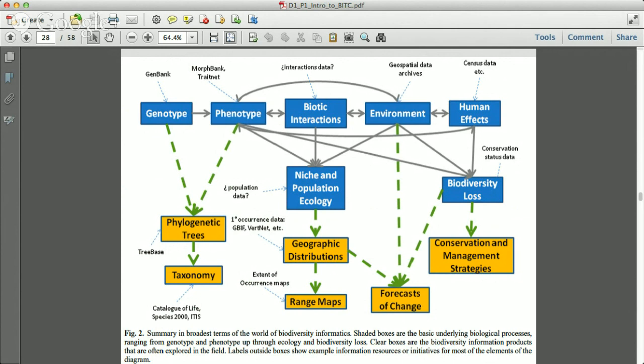And so those blue boxes are all about the natural world. The orange boxes below them are then the sorts of information products that can come out of analyses of these data. And then the little notes that are tagged onto each of these boxes, those notes indicate specific realms of data that have to do with biodiversity.